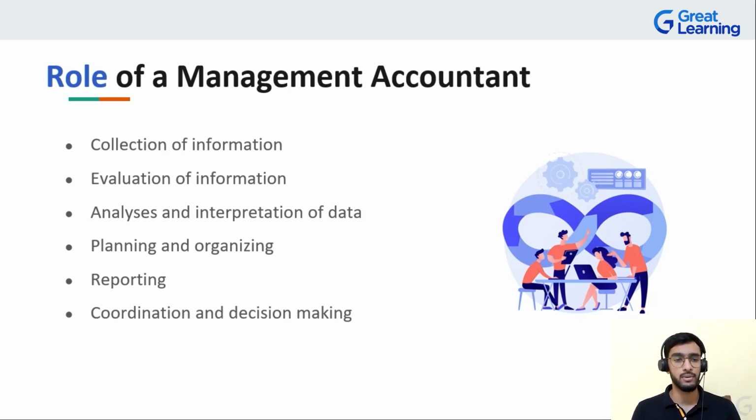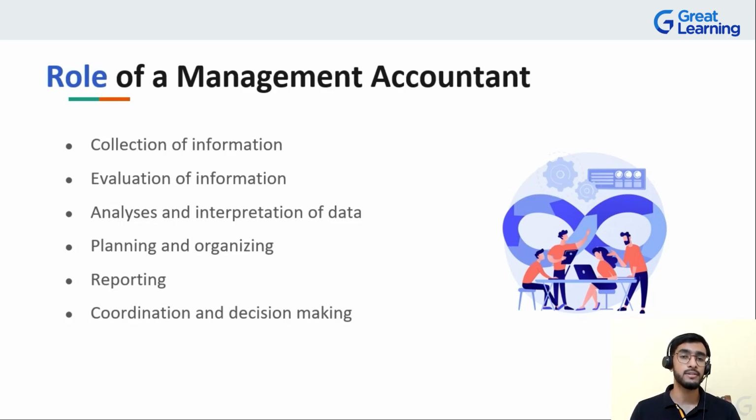Now, coming to the next role, reporting. Reporting is one of the main roles of a management accountant because he has to report everything that he has found, that is his analysis, the data, and the plans and policies that he has formulated. He should represent all this data in a structured, clear, and articulate manner to the upper management, so that it can be easily understood and read by them to make important decisions for the company's future plans.